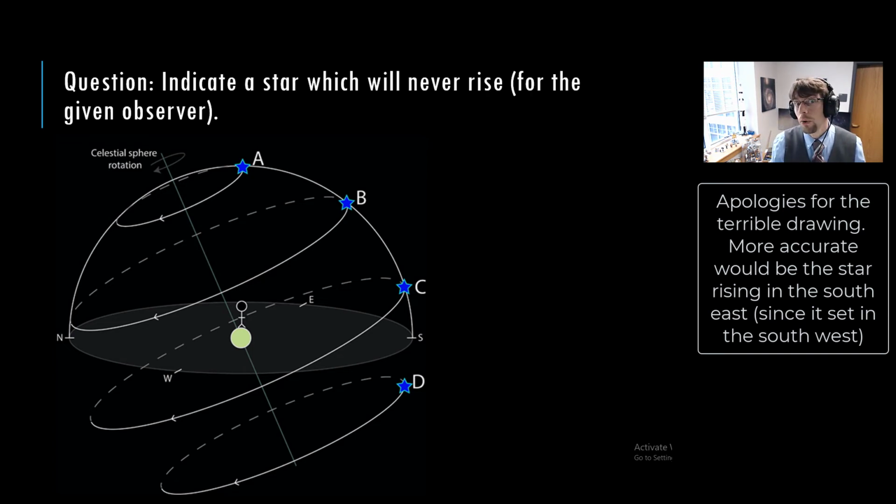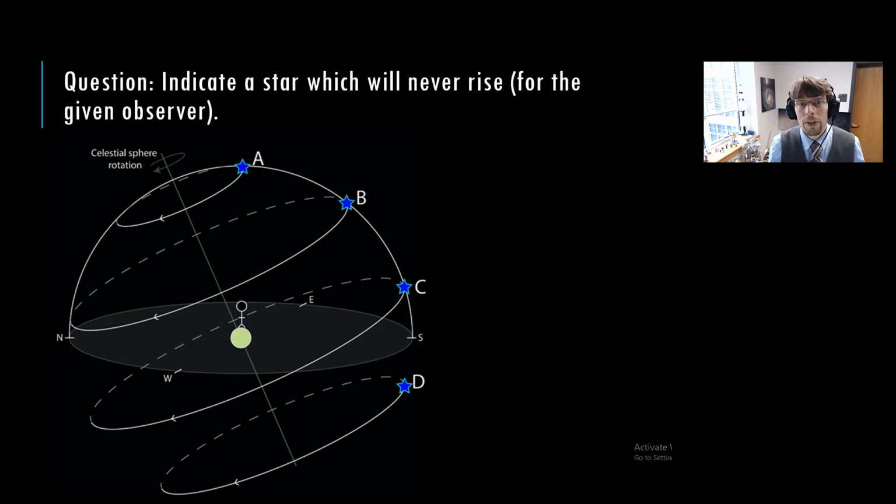And I guess I have another one here. Which star will never rise? Yeah, you got this one. You see, D never actually crosses the horizon at all. It always stays down below the horizon. And yes, there are stars that you will never be able to see standing here at Hanover, Indiana.